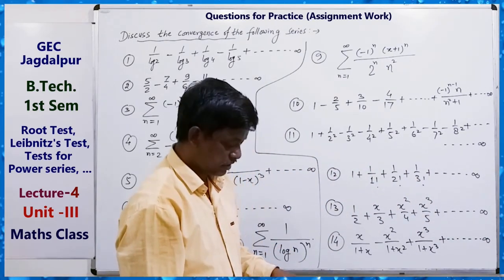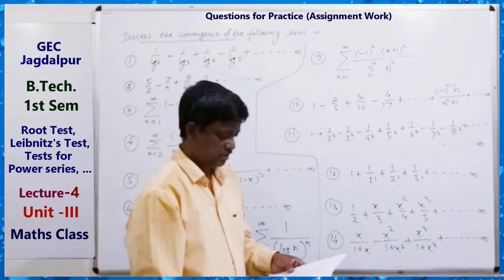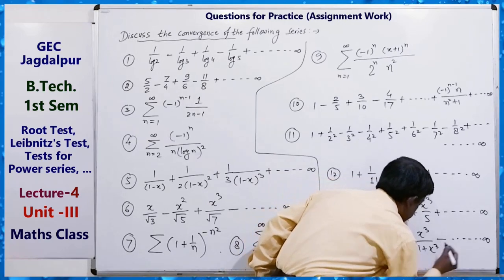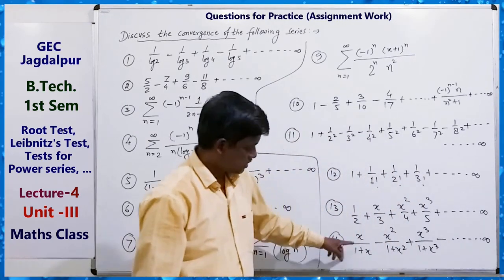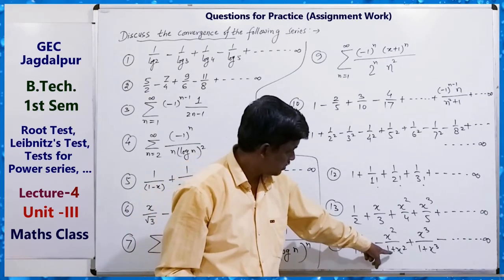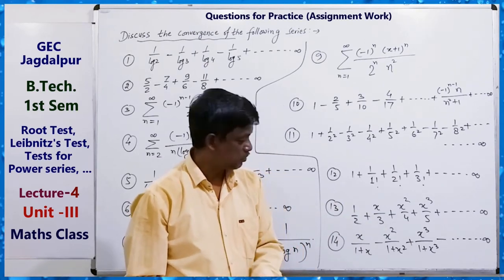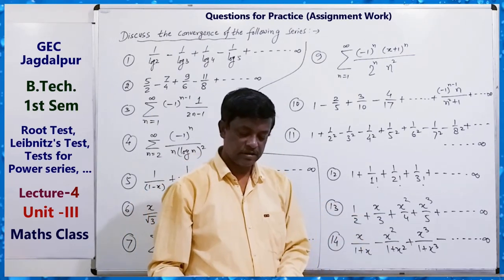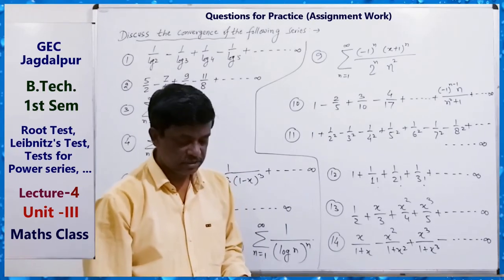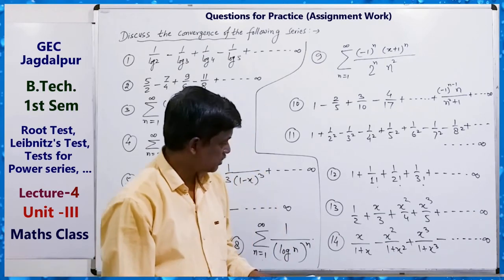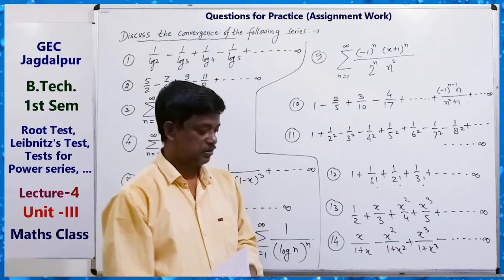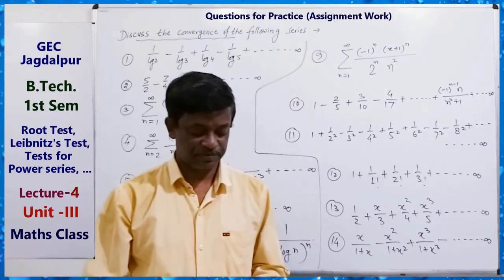There is a minus sign here. So x upon 1 plus x minus x square upon 1 plus x square plus x cube upon 1 plus x cube minus, and so on. The signs alternate: plus, minus, plus, minus. Okay. So these are the questions.